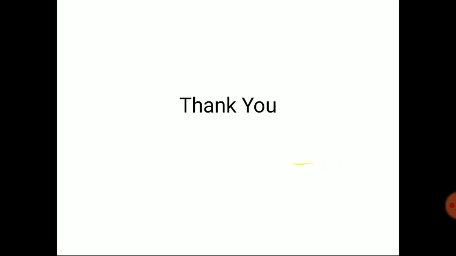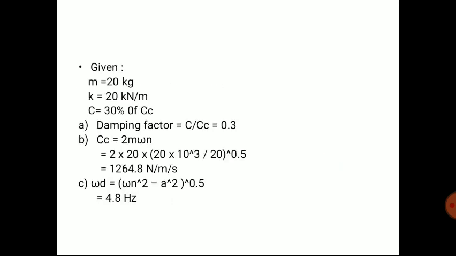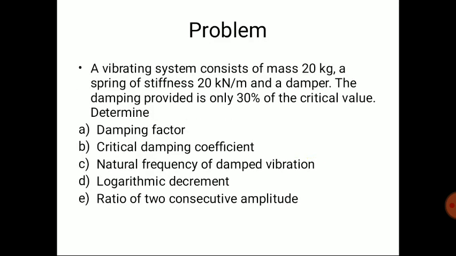Okay, thank you. And one more thing I am telling: sometimes in a question it will say that there is a spring, meaning instead of one spring, two or more springs connected in series or parallel.